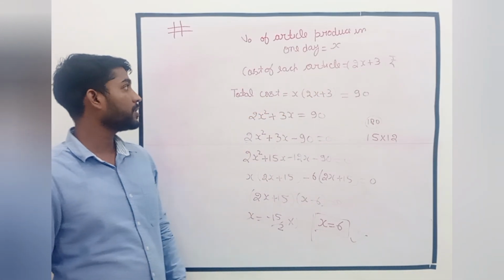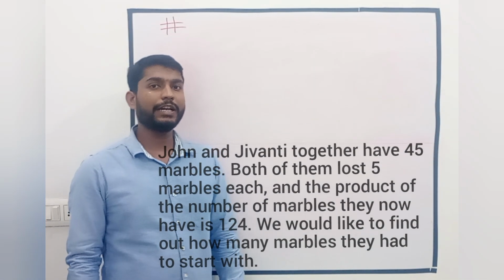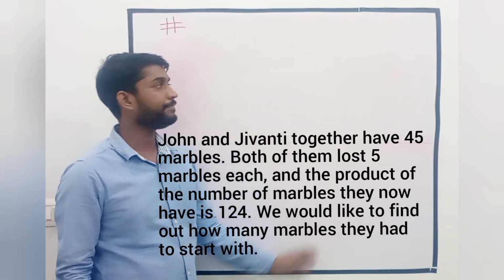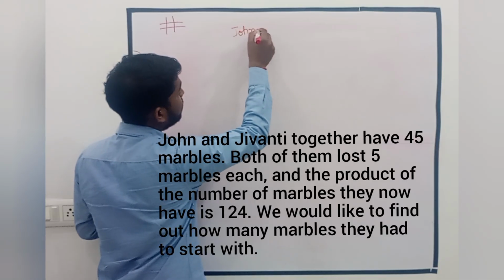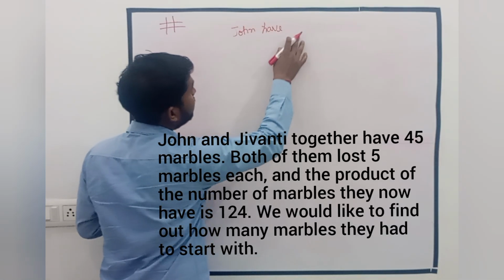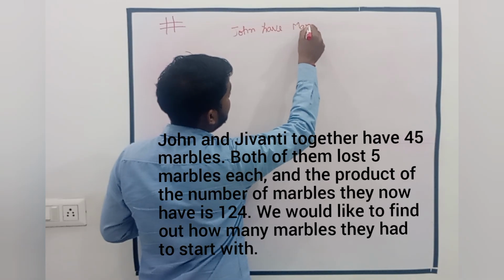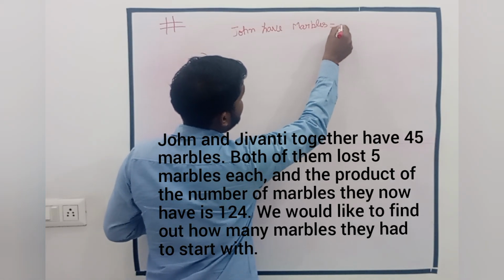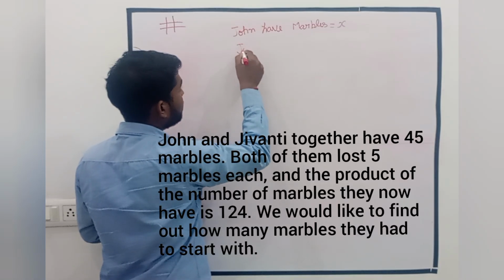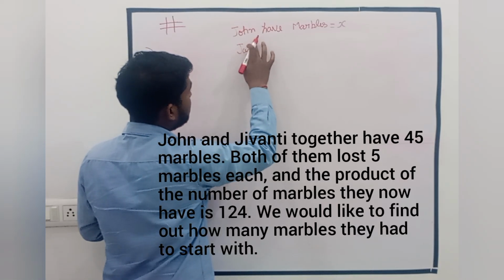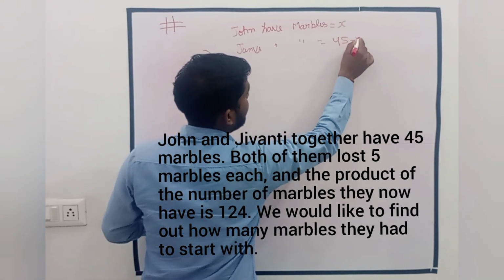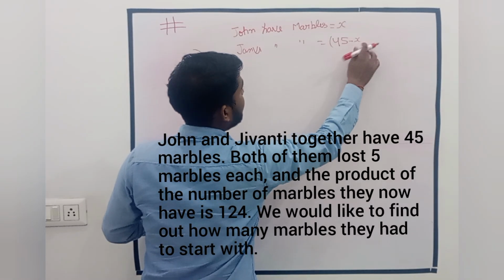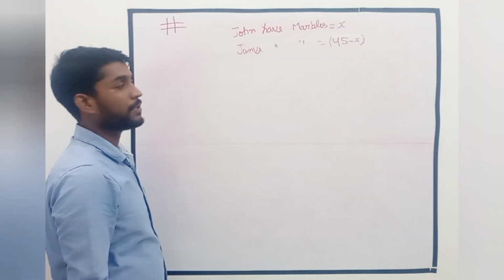And this question is: John and Janvi together have 45 marbles. Then we can write John has x marbles, and Janvi has 45 minus x marbles, because together they have 45, the sum of both is 45.